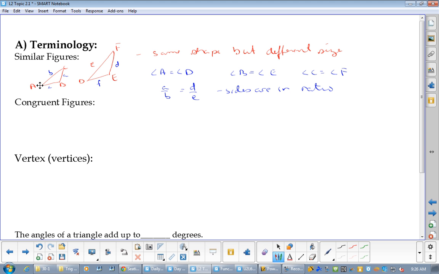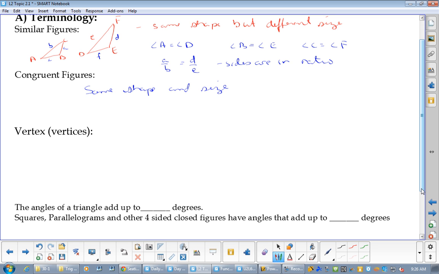Congruent figures are the same shape, and size. Okay, now your vertex or your vertices in a triangle, so say we have A, B, C, angle A plus angle B plus angle C would equal 180 degrees.